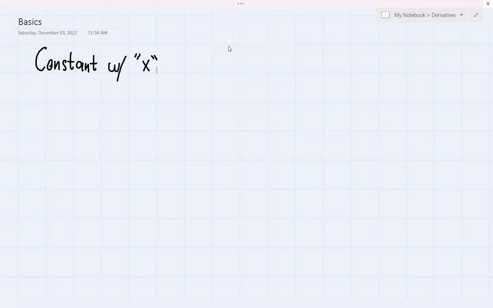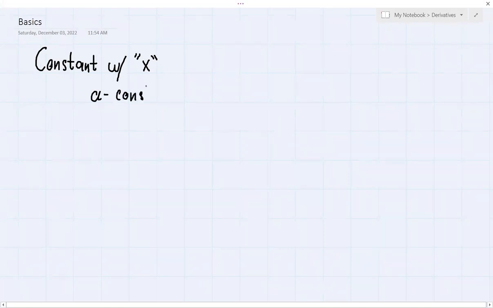So, in here, as always, let a be represented as constant or let a be constant. So, ang derivative ng constant with x or ax or a times x, ang sagot mo ay si a.